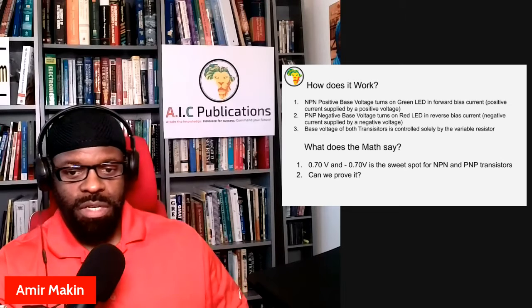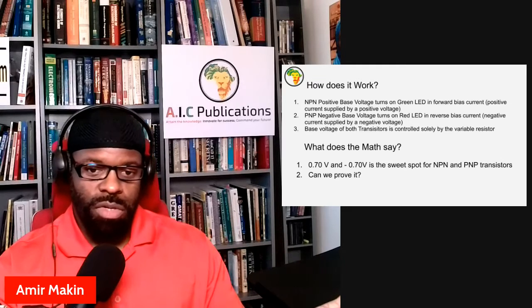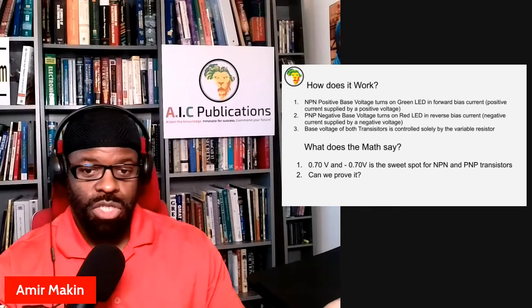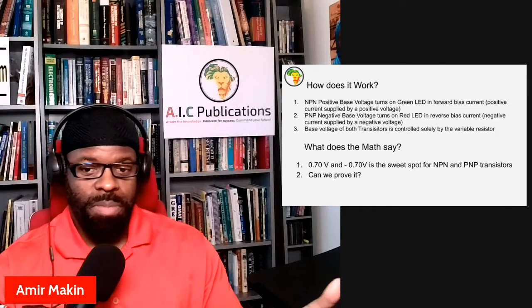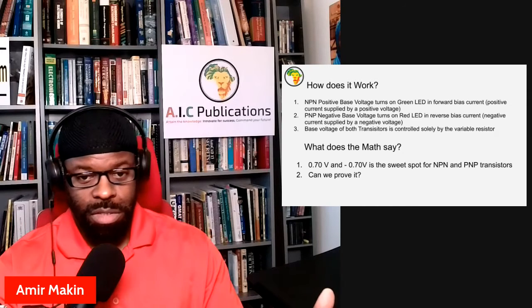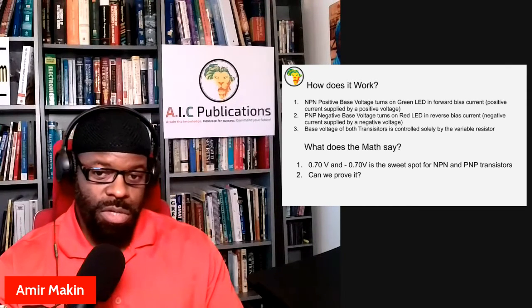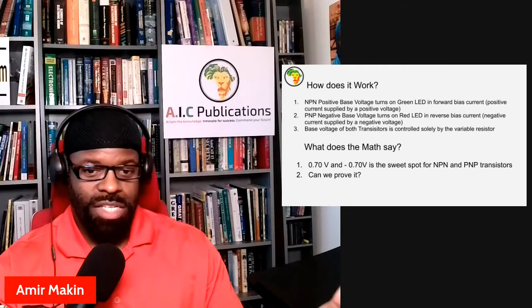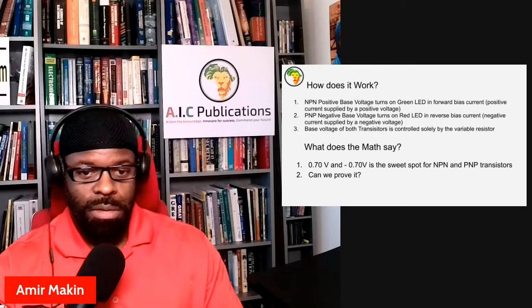Now, this is the fundamental building block of this. So what we've learned, as we've already stated, is that the NPN turns on in forward bias mode, when a positive current is supplied by a positive voltage. The PNP transistor turns on when a negative current is supplied by a negative voltage.